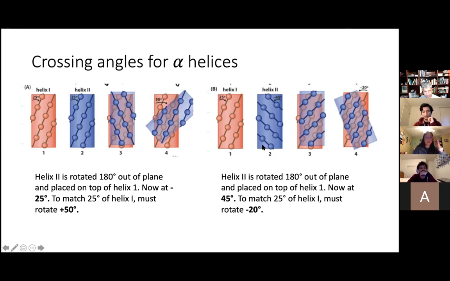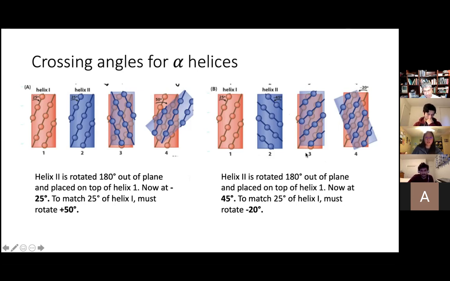And then part B is basically the exact same thing, except the angle that helix 2's ridges make with the axis is negative 45 degrees instead of 25 degrees. So if you flip it 180 again, then it would be at positive 45 degrees. And then helix 1 is still 25 degrees.